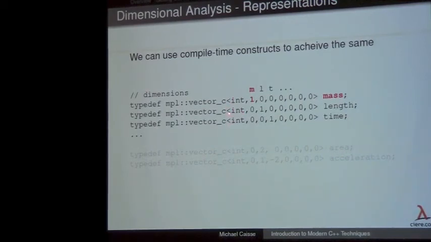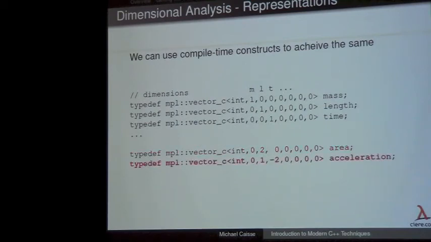What types are we going to store in it? Ints. Cool, let's set them up. Mass, length, time. Let's set up an area, and let's also set up an acceleration. So it looks a lot the same, right? But this is going to give us that same concept of an array, but we're going to be able to work on it during compile time. We're going to be able to do things with this thing during compile time.